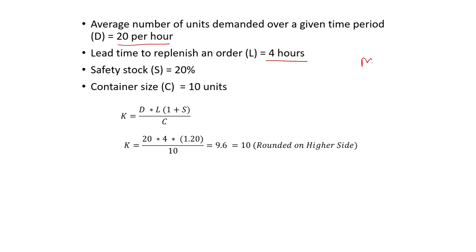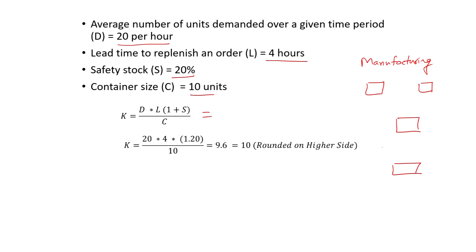We are taking a manufacturing example where between two workstations, just like in our Kanban system, we were saying this is one workstation, this is another workstation. So, material has been consumed here. How much time does it take to replenish? That is 4 hours, and safety stock we are talking about 20% and container size is 10 units.